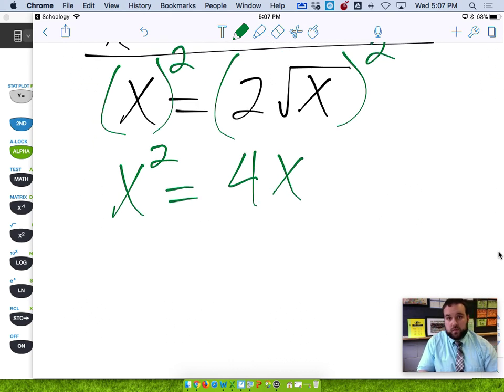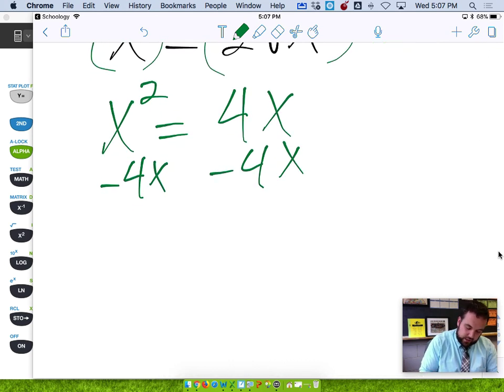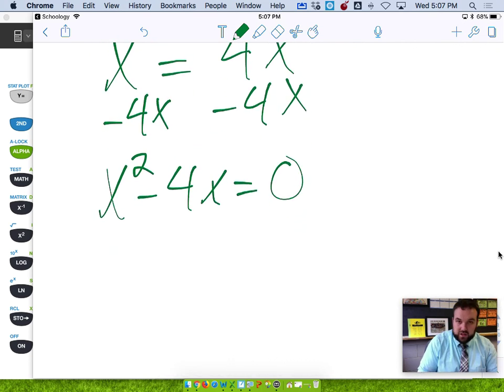So at this point, if I have x squared and regular x, this goes back to our study of quadratics. I need one side of the equation to equal 0. So I'm going to subtract 4x from both sides, and I get x squared minus 4x is equal to 0. There's a couple different ways you can solve this.